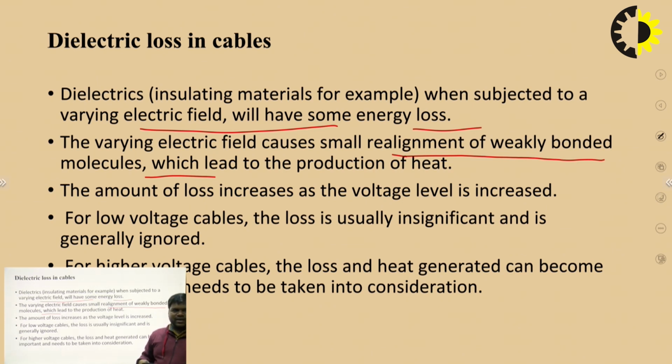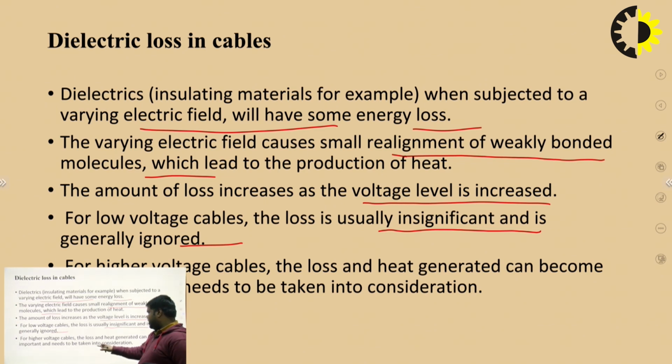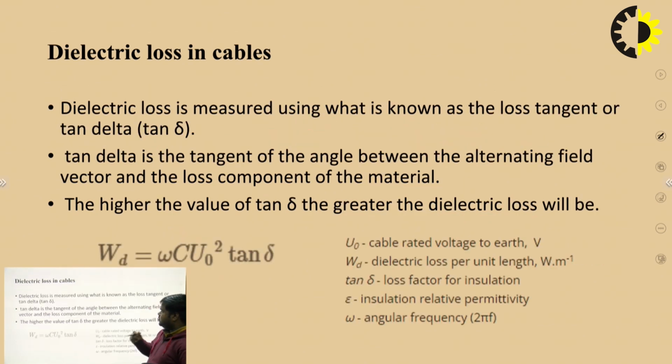The amount of loss increases as the voltage level is increased. It is directly proportional. For low voltage cables, the loss is usually insignificant and is generally ignored. For higher voltage cables, the loss and the heat generated can become important and need to be taken into consideration.